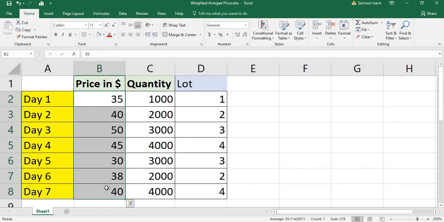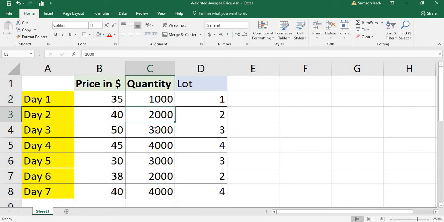Here we have prices in dollars for each day and the quantity bought on each day. In this case, on day 1 I bought 1000 quantities at a price of $35 each.